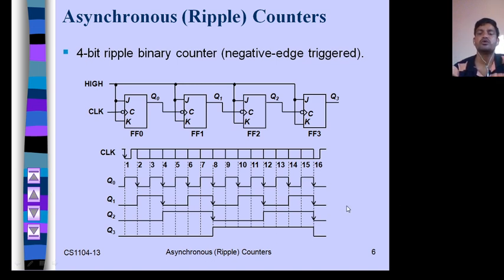So total used states are 16. So it will give output frequency fi upon 16.